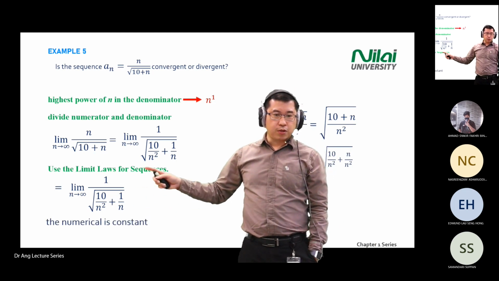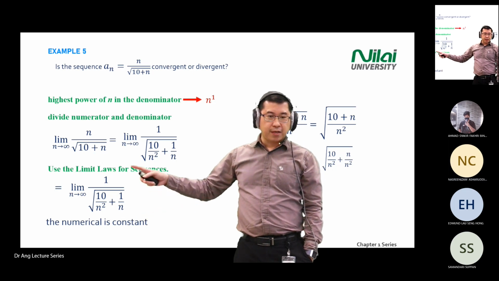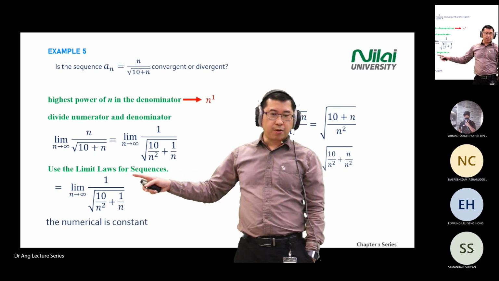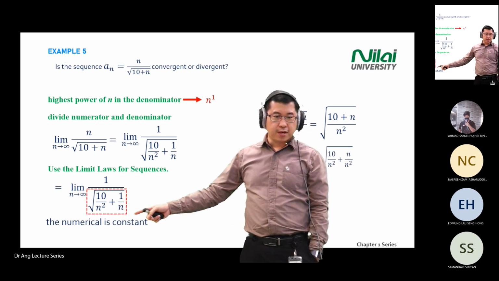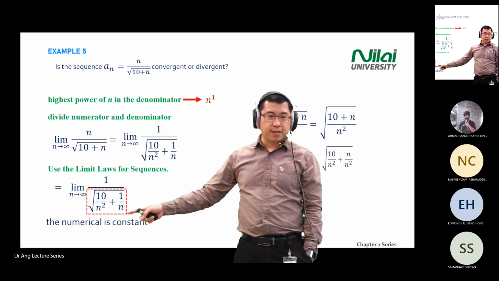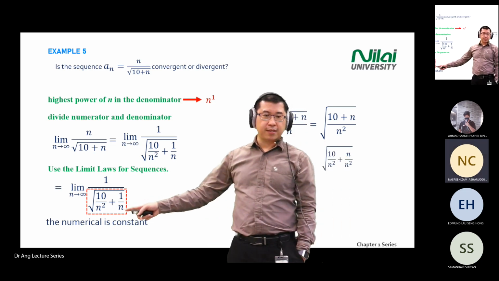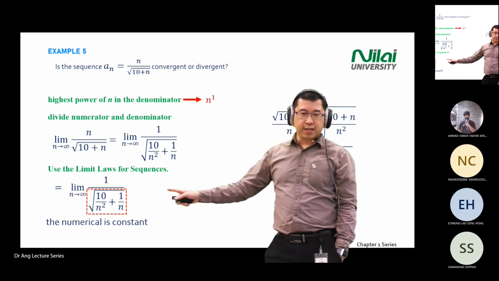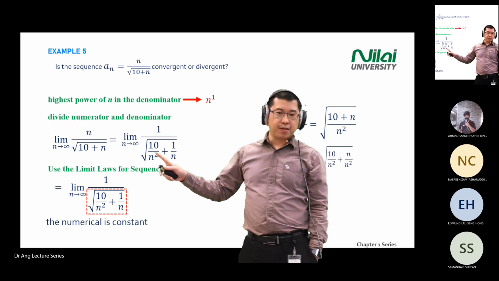So you use the limit law. You know that the n, the top one, will always be a constant, right? So what about the bottom? If you increase n to infinity, what happens to this number?